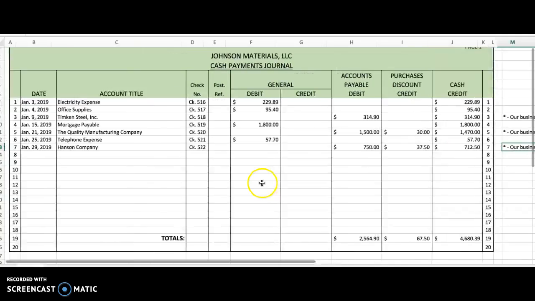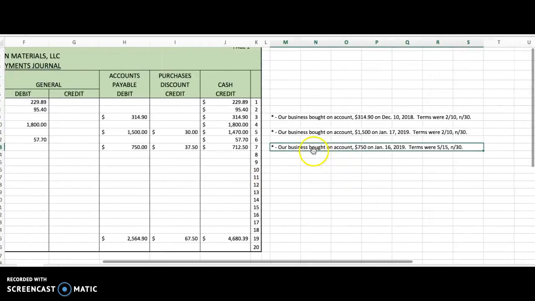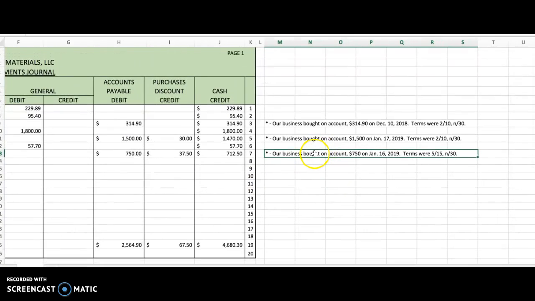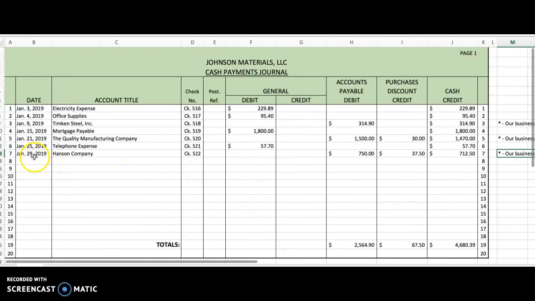So if we purchase this, let's look at this. We made this purchase on January 16th, and we're paying it on January 29th. So if you count up the days, we are within the 15 days, so we can take a 5% discount.